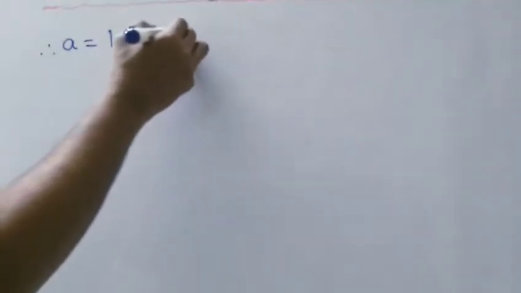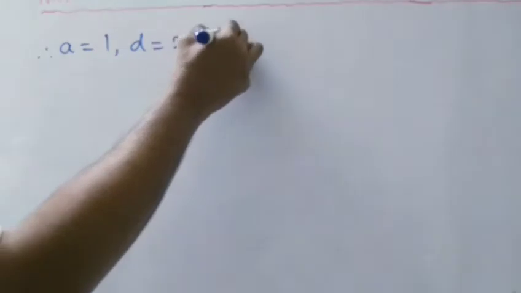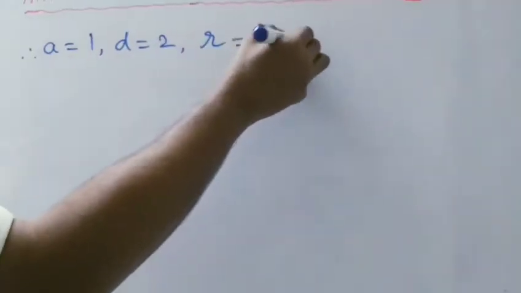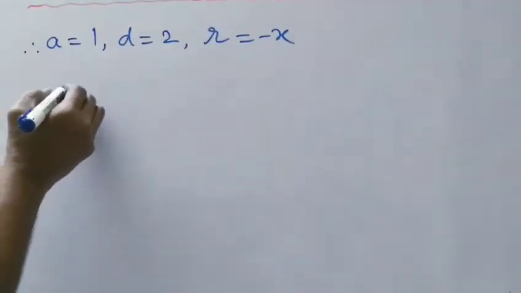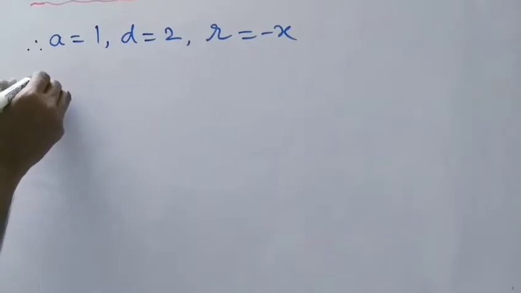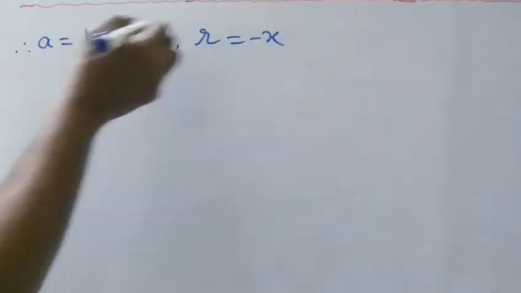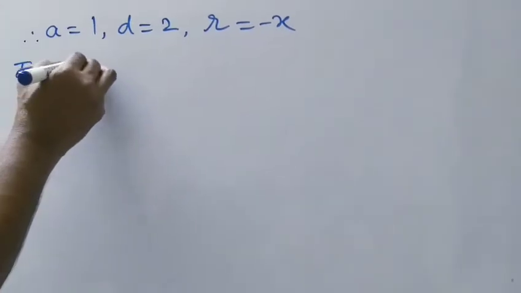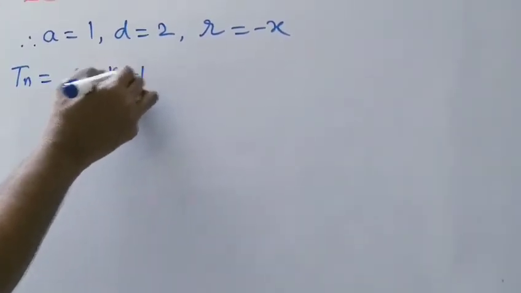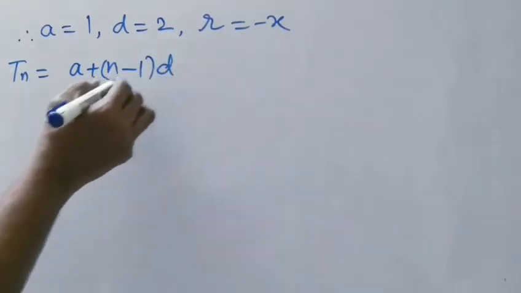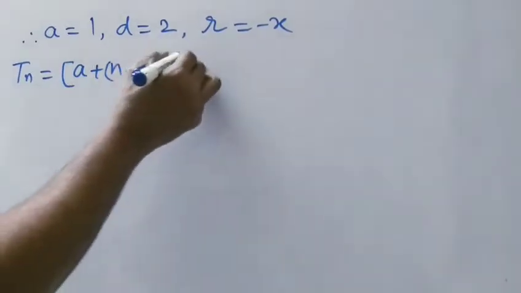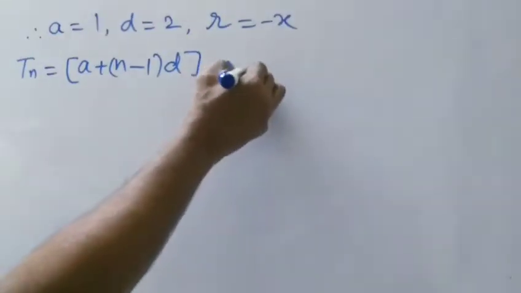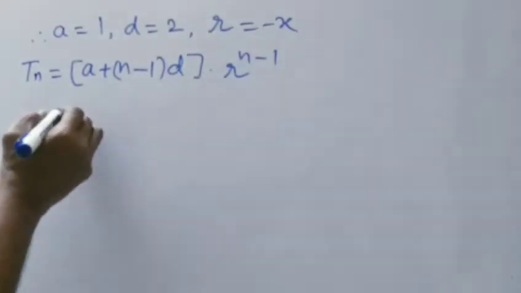Therefore, a is equal to 1, the common difference d is equal to 2, and the common ratio r is equal to minus x. The nth term of an arithmetico-geometric progression is Tn is equal to a plus n minus 1 into d, into r to the power of n minus 1.